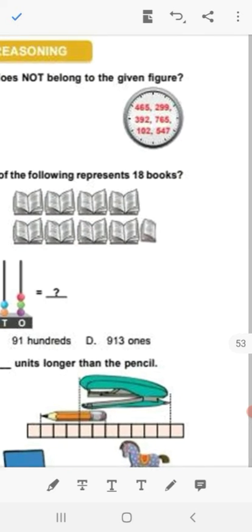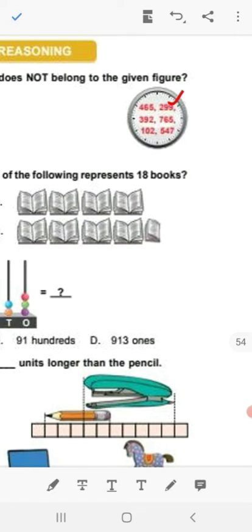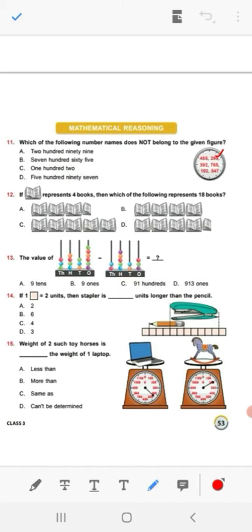Yes, 299 is present in the figure. Next option is 765. See, 765 is there in the figure. 102, also 102 is there. 597, but 597 is not there. So option D is correct.